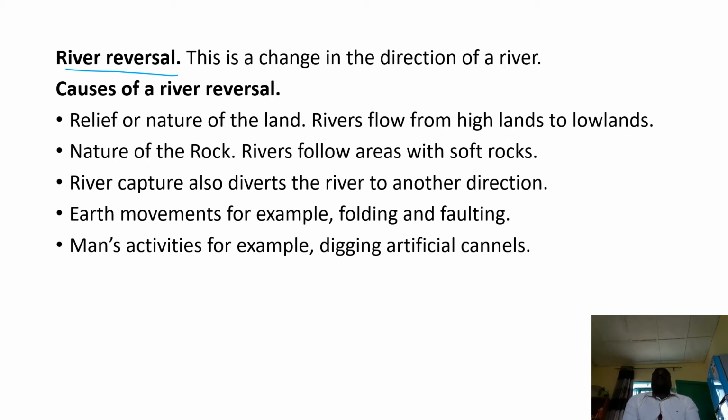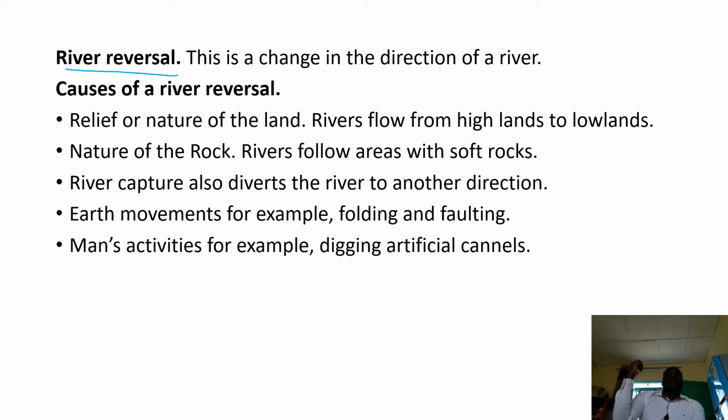And here in Rwanda, we believe formerly, before the formation of volcanoes in the western and the northern provinces of Rwanda, research tells us that rivers like Akagera used to flow up to Congo.